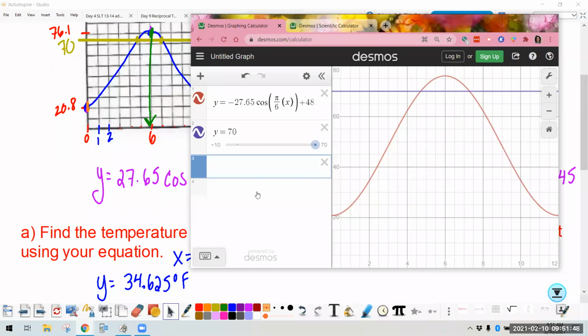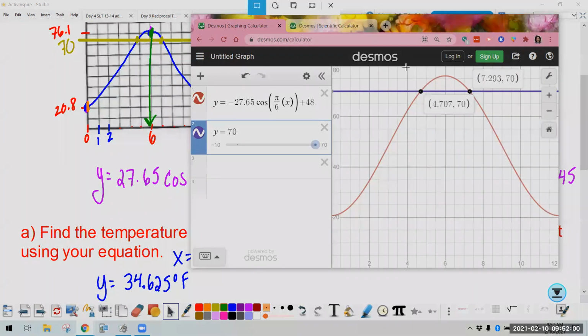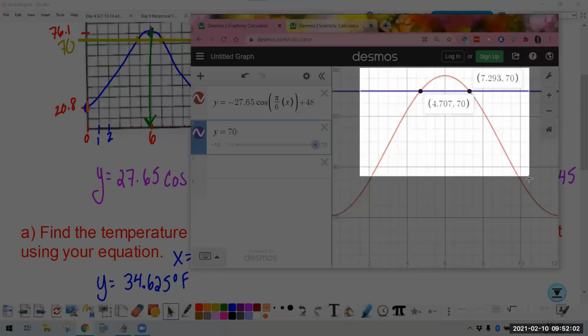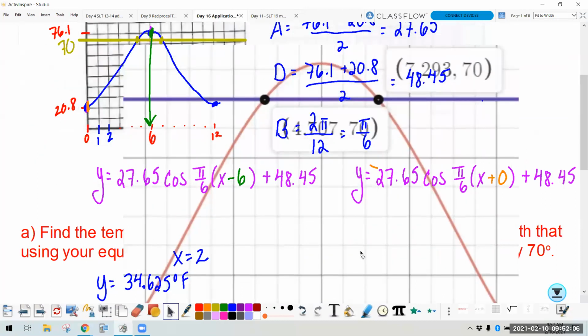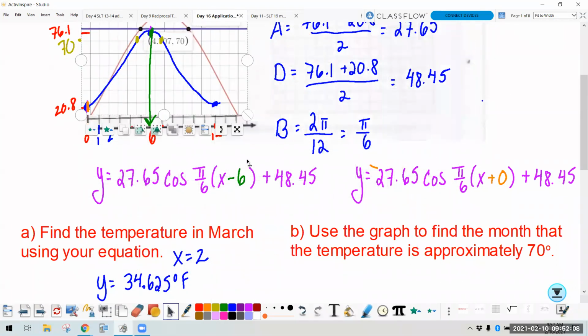Now, what I really love about Desmos over the TI calculator is I can click, and it tells me the 2 months where my graph reaches 70 degrees. I'm going to bring that over into our notes here.